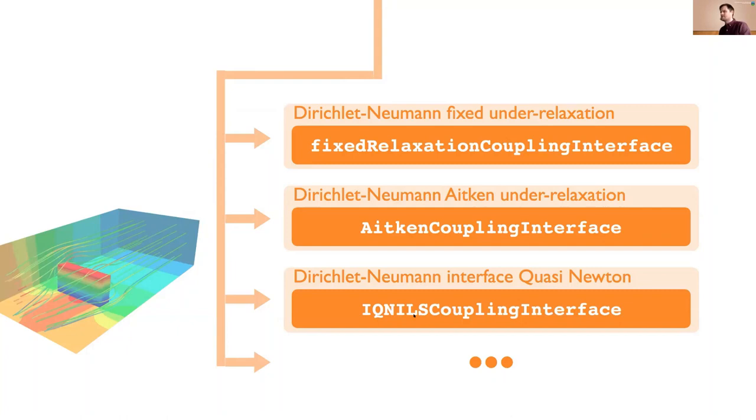However, based on experience, this particular implementation may not give the same behavior as, for example, preCICE. I've seen some comparisons where the preCICE implementation is a bit better. But because this is open, we have the opportunity to look at the code and figure out how to fix it. But these are the coupling procedures implemented.